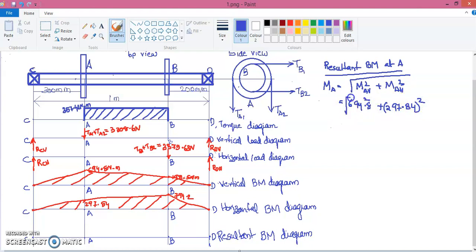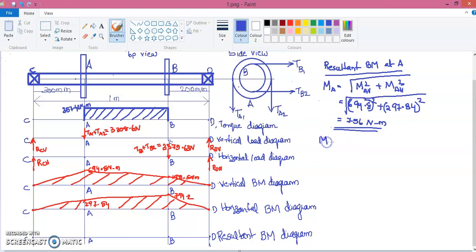Now it is square root, and this value I am getting it as 756.56 Newton meter. So this is a resultant bending moment acting at the point A.